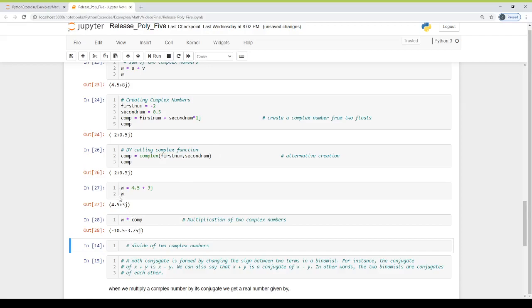The minus 10.5 is minus 2 into 4.5 plus 3j into 0.5.